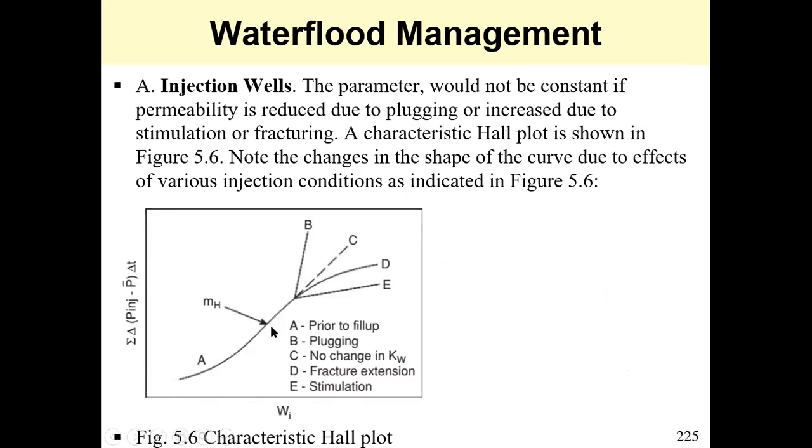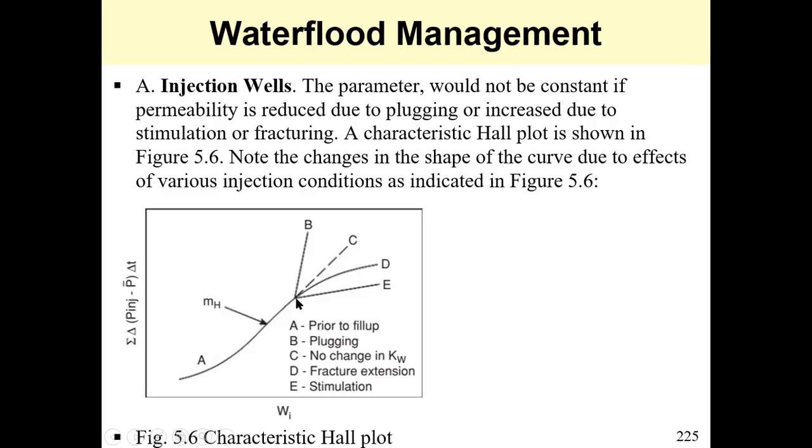So what this goes on to indicate is that for A, you're having good injectivity. So you see, for C continues the trend in A. This means that you have no change in the permeability at your injector.